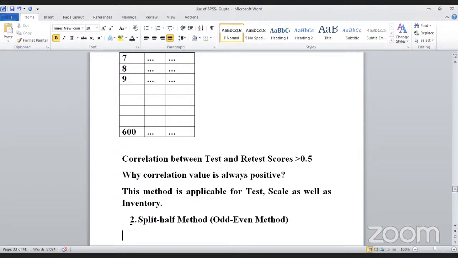Number one is that when you are splitting the items, you must have an equal number of items in both the parts. So here your number of items cannot be odd. You have to have an even number of items.